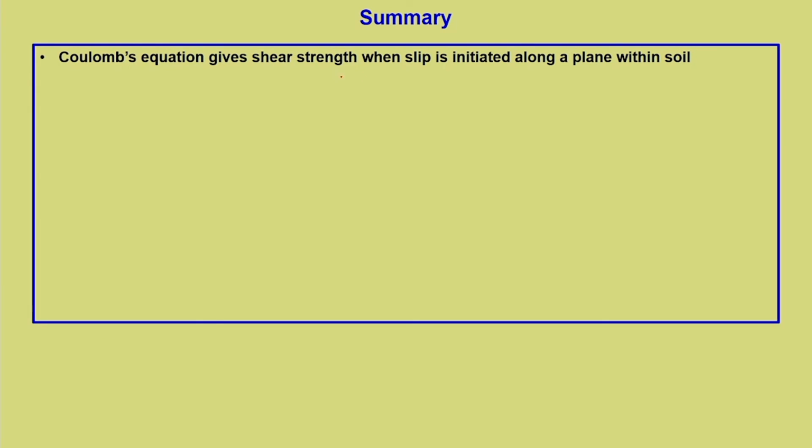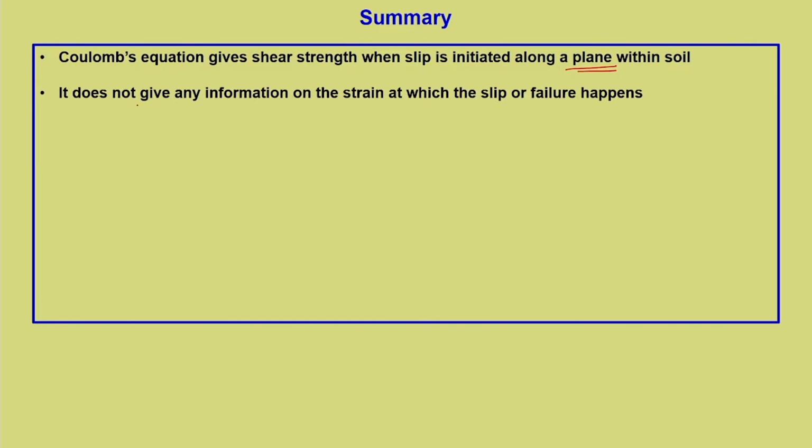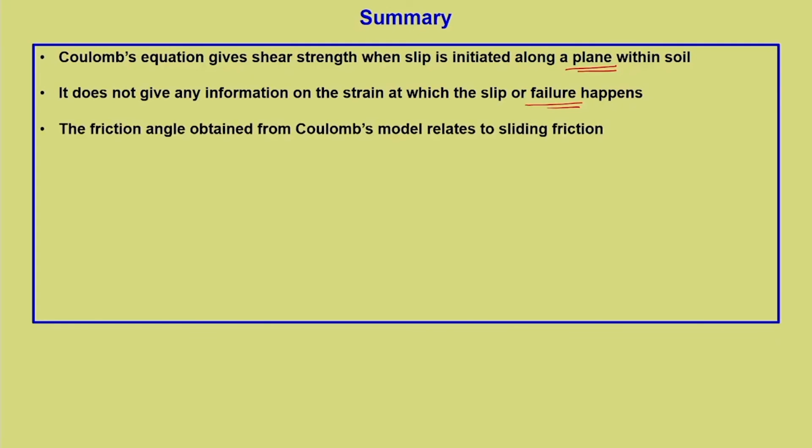Coulomb's equation gives shear strength when slip is initiated along a plane within soil. So, there is an inherent assumption of plane of failure developed within the soil for Coulomb's equation to be valid. It does not give any information on the strain at which the slip or failure happens. We have discussed this aspect before also, that is, all these models do not talk about the strain at which the slip or failure happens.